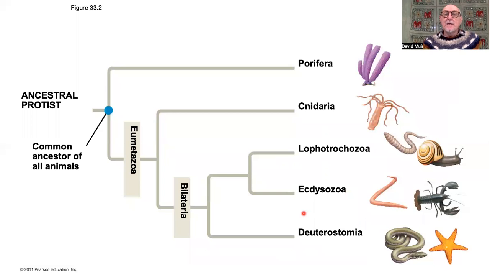Bilateria have the characteristic that they're bilaterally symmetrical, but not only that, they all show a tendency towards cephalization, because they're bilaterally symmetrical and they tend to move in one direction through the environment. The front end becomes cephalized.